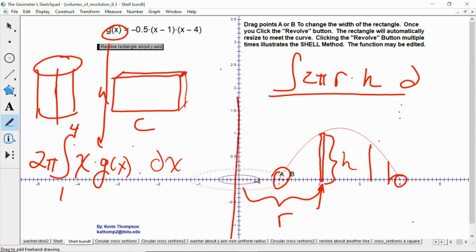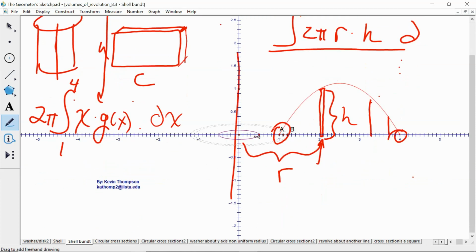It's 1. Now, if you would say 0, think about what you just did. This function, g of x, keeps going, right? So if you actually say the lower limit is 0, do you see that you're finding a very different shape?